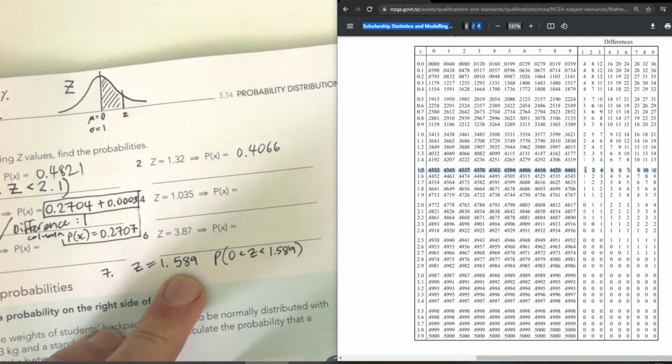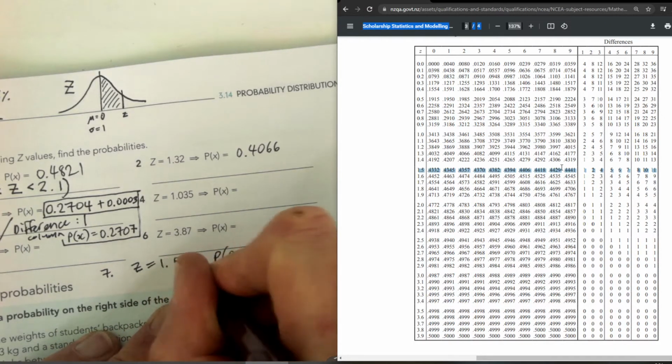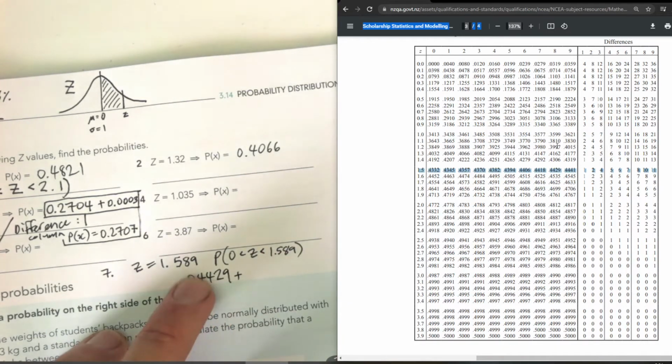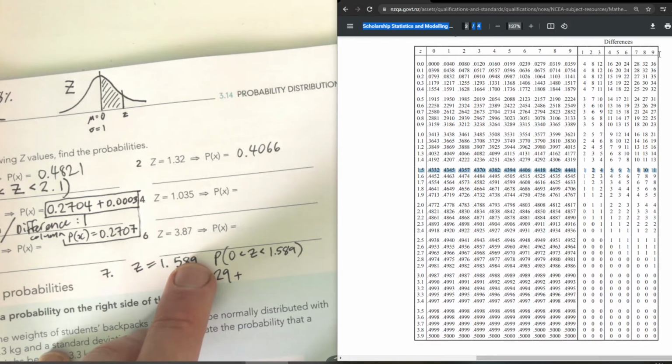And then we're looking in the 8th column, so down here. So it's 0.4429. And we need to add on a difference because we've got 9 in the 3rd decimal place. So let's look here, we've got 9 up here. So we're going to have to add on a difference of 11. Now, that's why I chose this one.